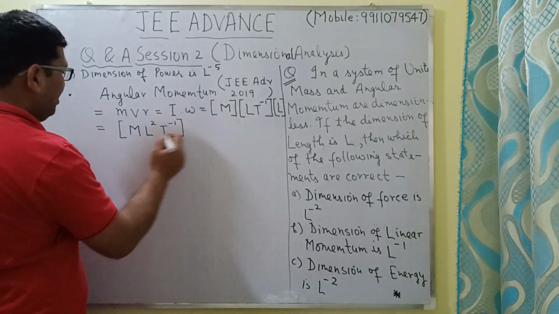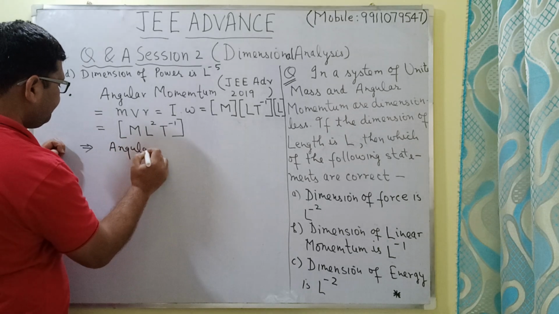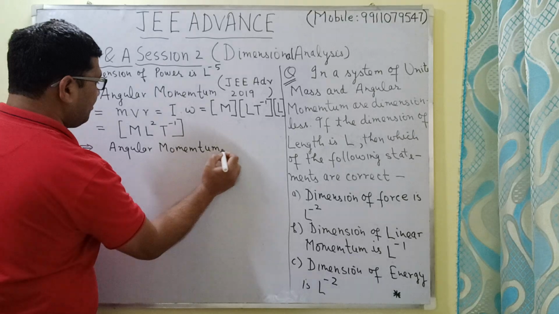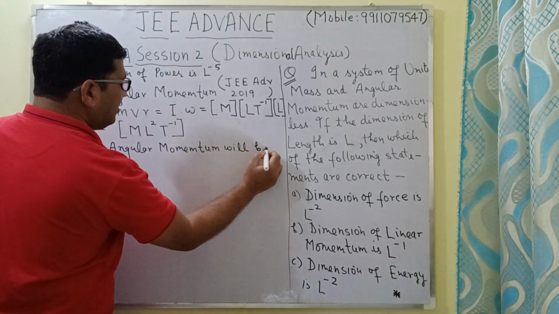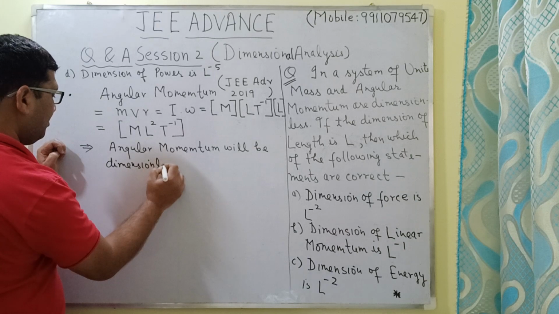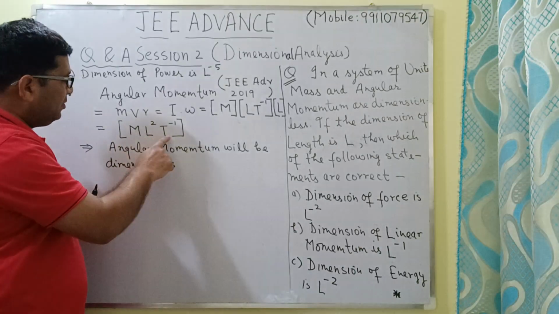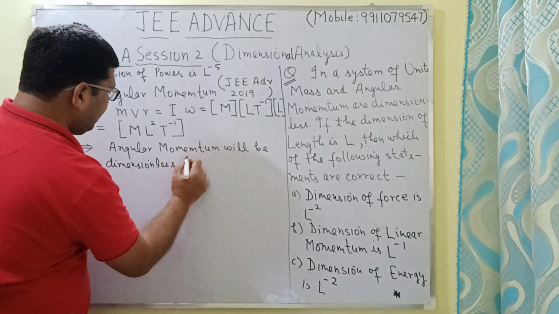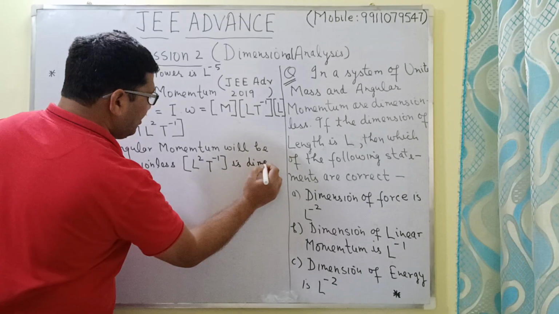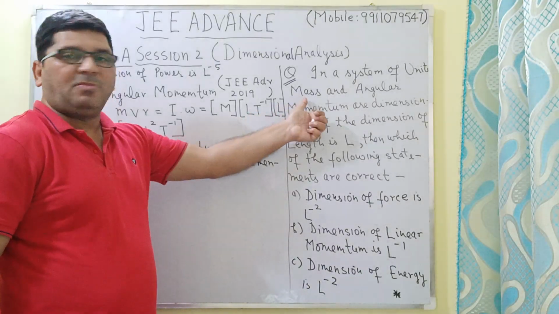So it implies that angular momentum will be dimensionless when L2 T minus 1 is dimensionless, because it is given that in a particular system of unit mass is dimensionless.